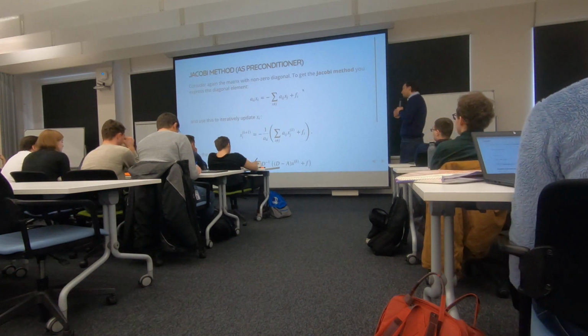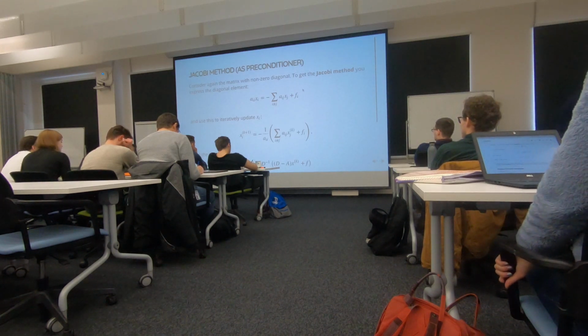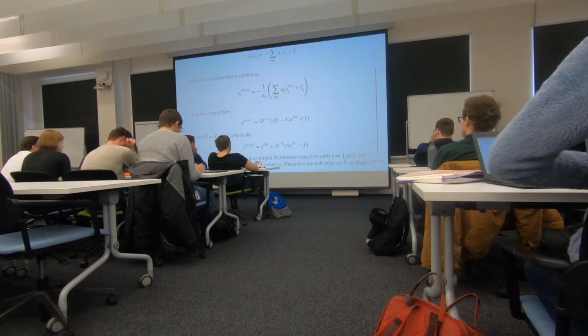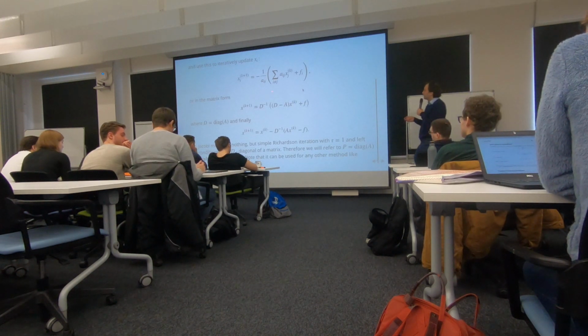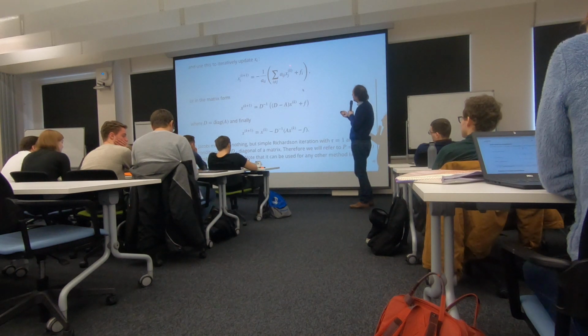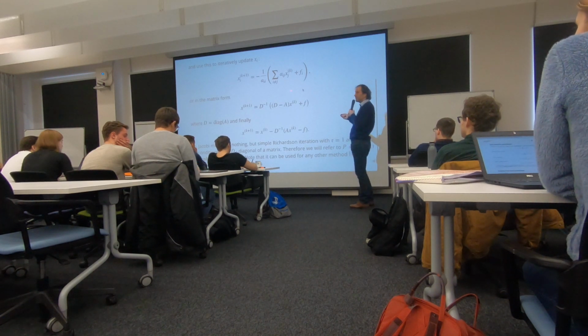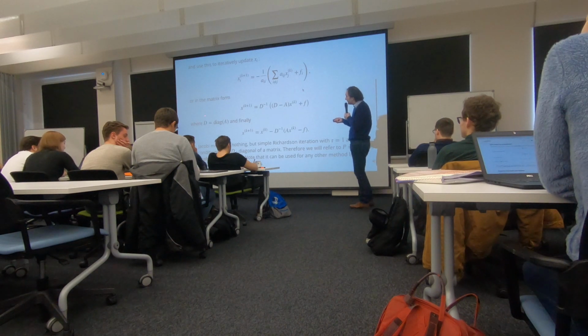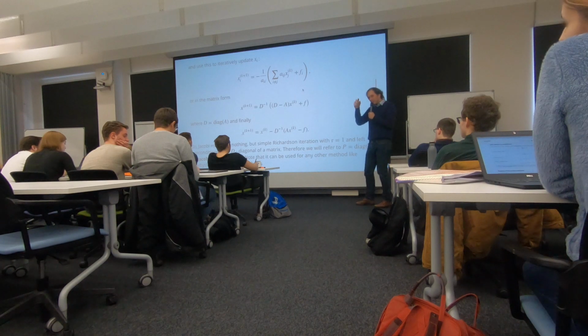But we can rewrite it in the matrix form. So what's this? This is the product of the original matrix times vector, but with zeros on the diagonal. If we denote by D the diagonal matrix of the diagonal part of our matrix.